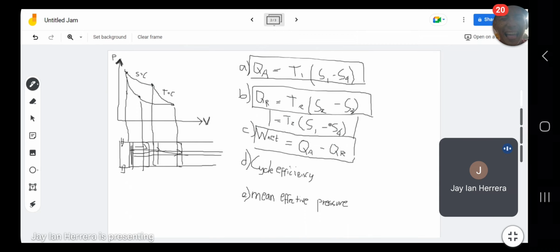And then for cycle efficiency, this is denoted as e. For cycles, yung magandang cycles laging work net all over QA.